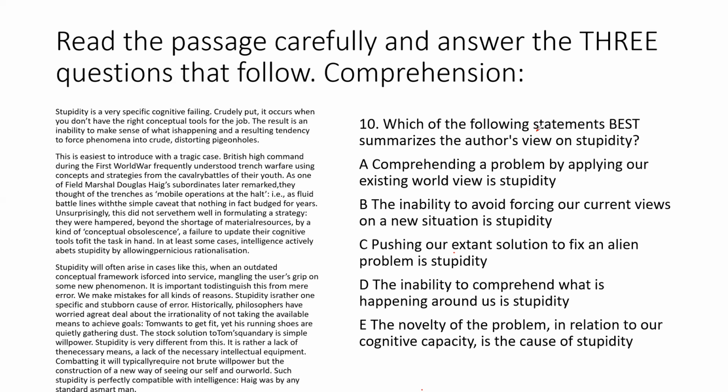Haig was by any standard a smart man. So if you understand, this last paragraph discusses that willpower is something that can bring in the change. Moreover, stupidity is discussed as something which is a specific and stubborn cause of error. And author is describing what irrationality is by giving the example of Tom.